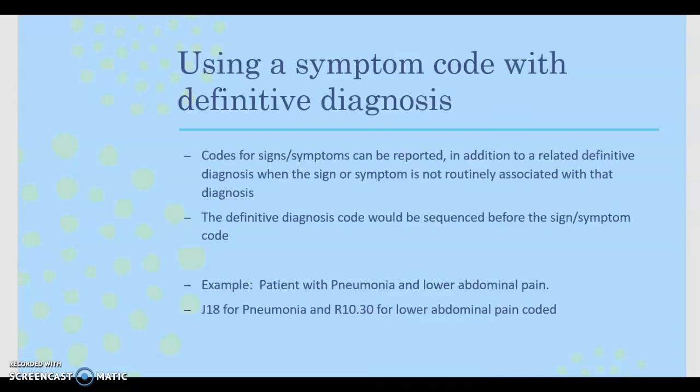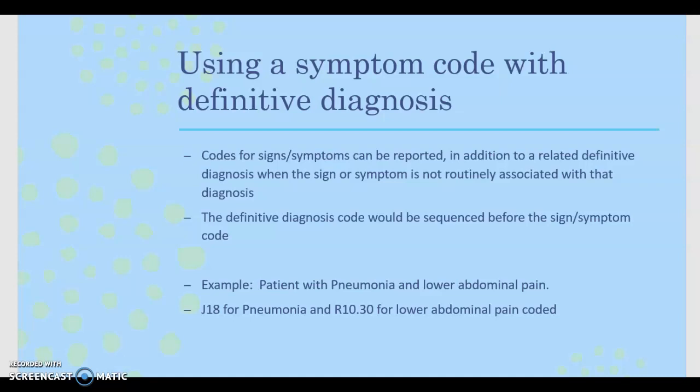Another error that I see new coders make is coding a sign or symptom in addition to the diagnosis that that sign or symptom is associated with. Again, you either code the definitive diagnosis, or you code the sign or symptom if the definitive diagnosis was not established.